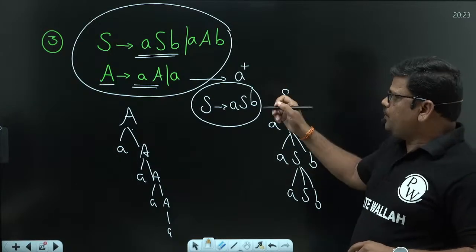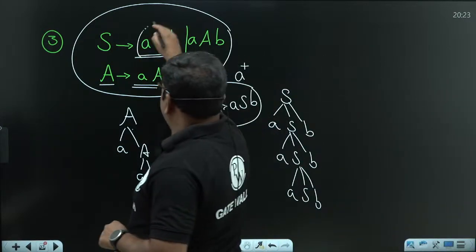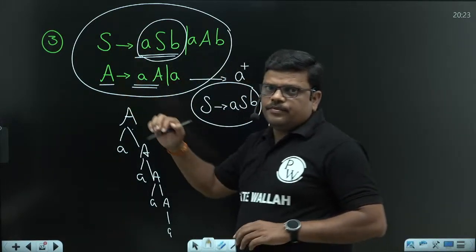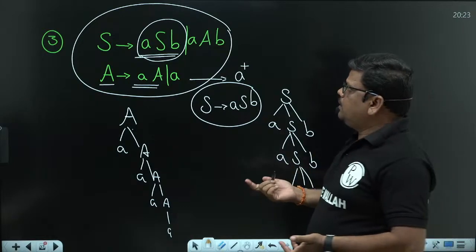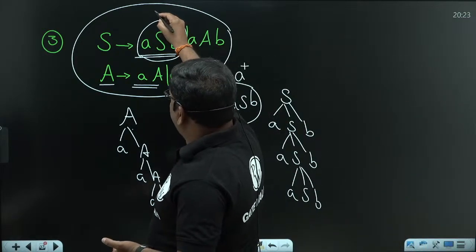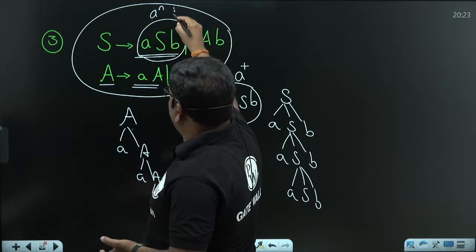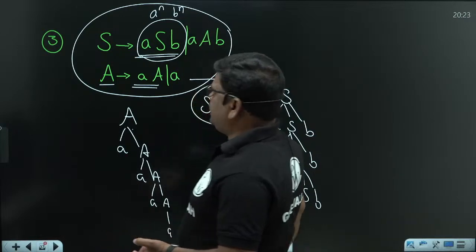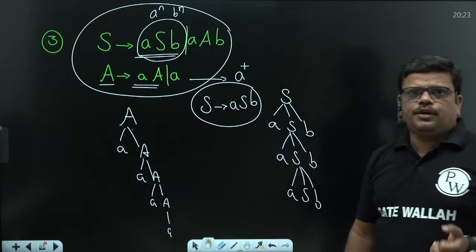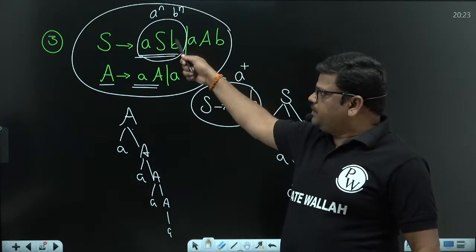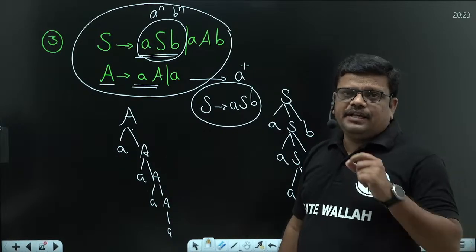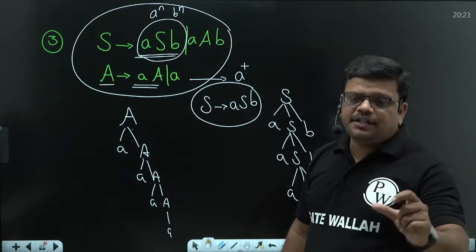So this production will give us a's and b's equal. Based on this, we can generate a power n, b power n. But there is some small problem with this production. What is that? We never generate a string from this.